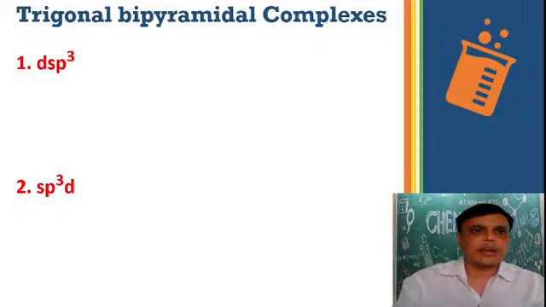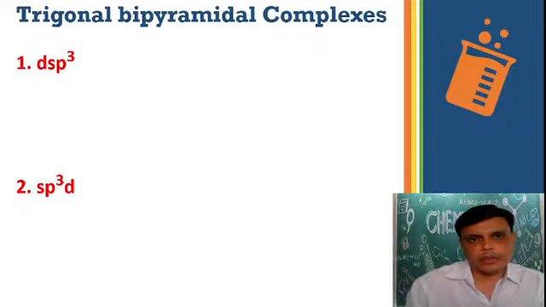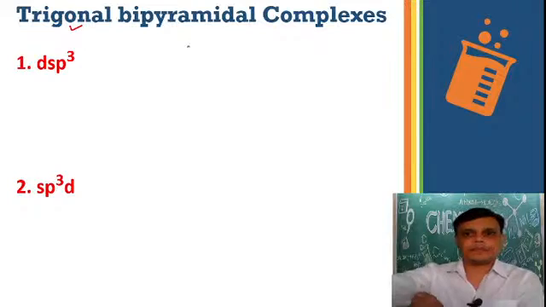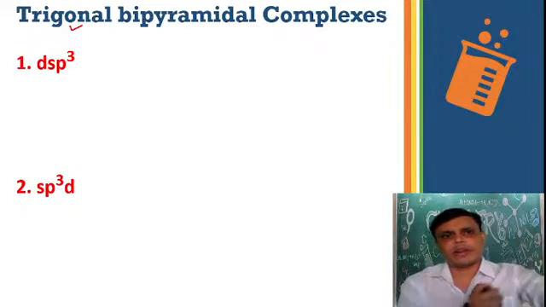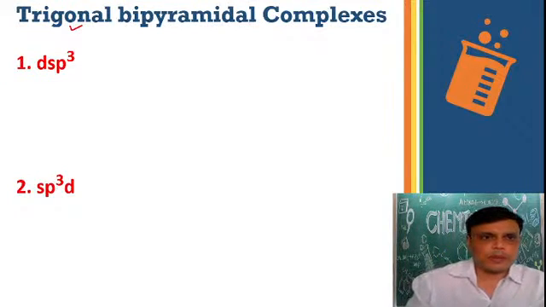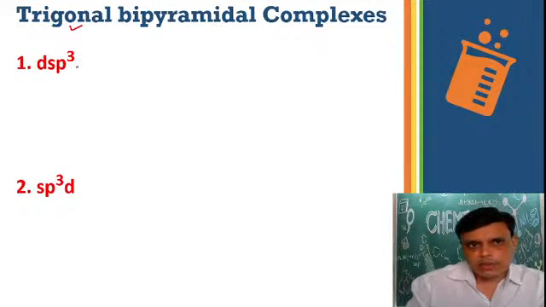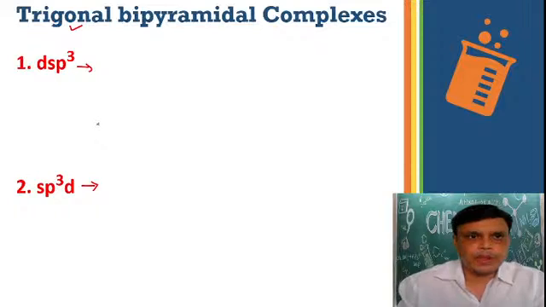So first we will start with these trigonal bipyramidal complexes. This geometry shows two types of hybridization. dsp3 is the first type and the second one is sp3d. So these two types are there.